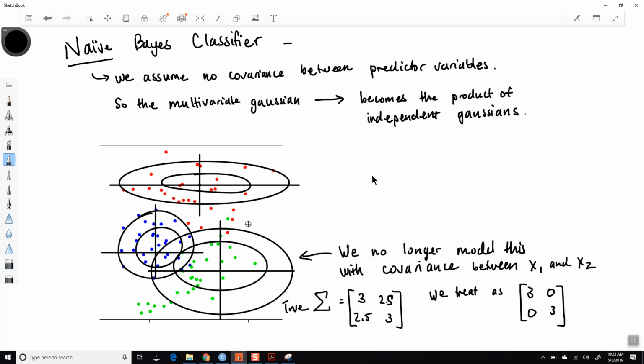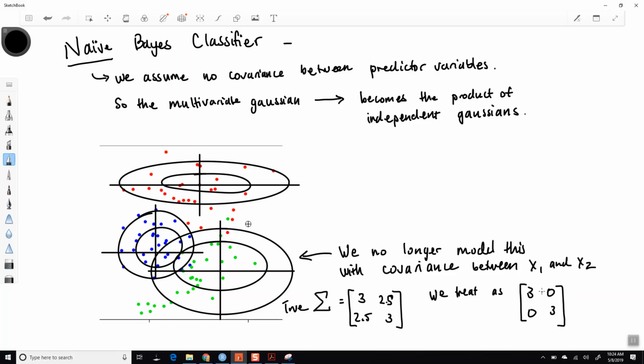With a two-dimensional multivariate Gaussian, we're only removing one extra parameter. As far as the variance goes, we have to estimate the variance of x1, the variance of x2, and the covariance between x1 and x2.